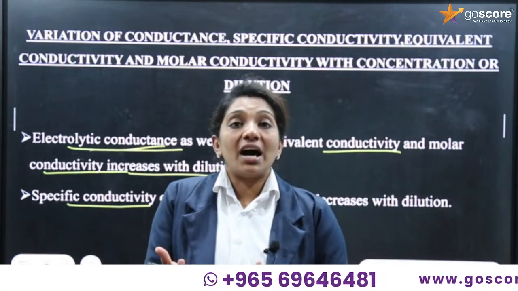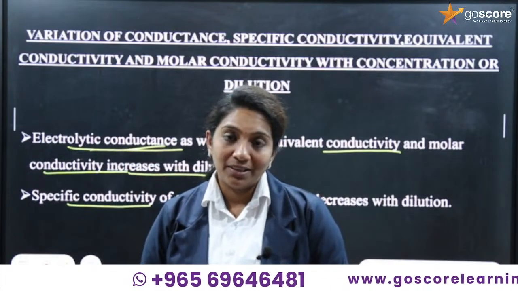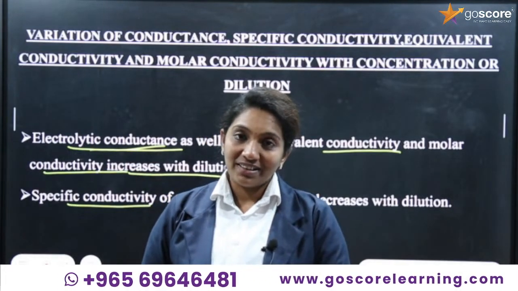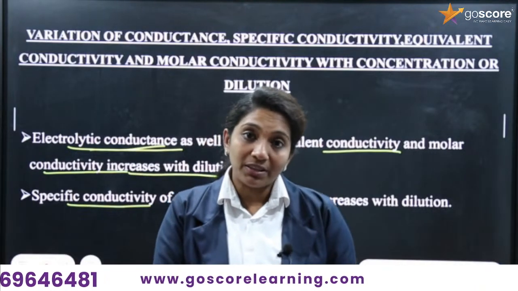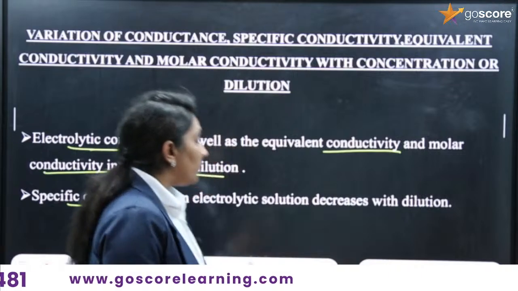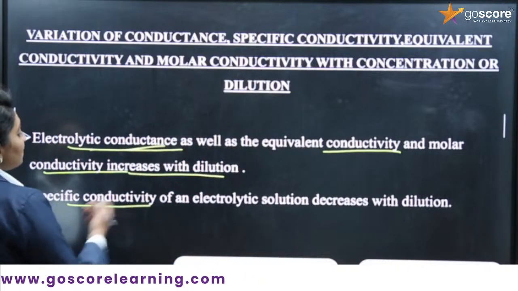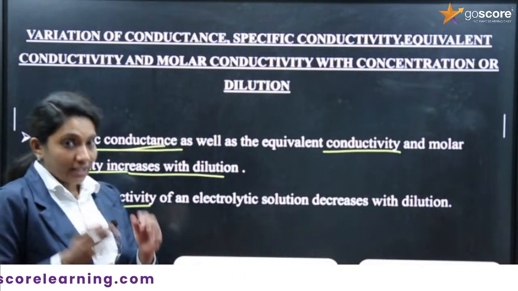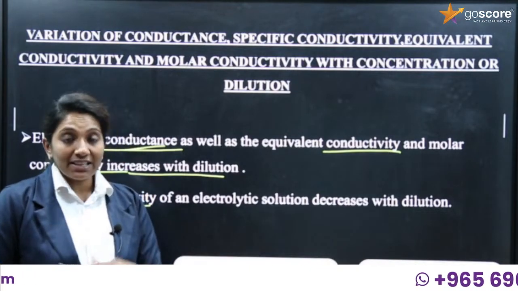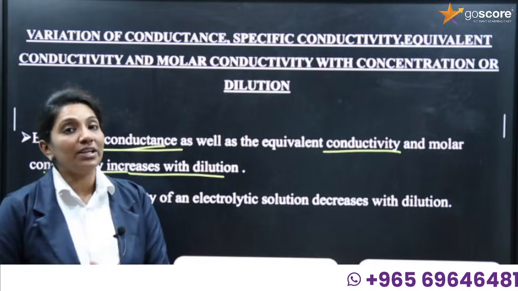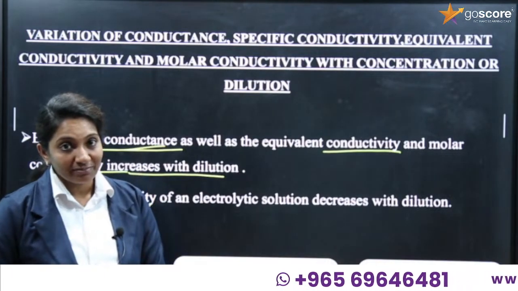The number of ions per unit volume is decreasing, right? Corresponding to that volume, the number of ions will be lesser. That is the reason when you are diluting the solution, the specific conductivity of a particular volume of solution will be decreasing as the number of ions per volume is decreasing there, right?